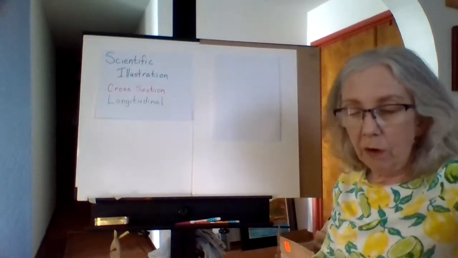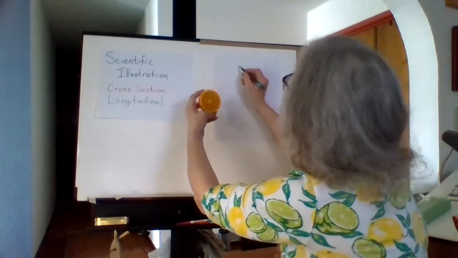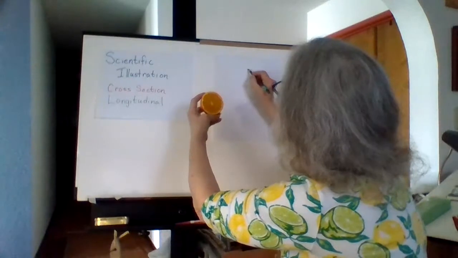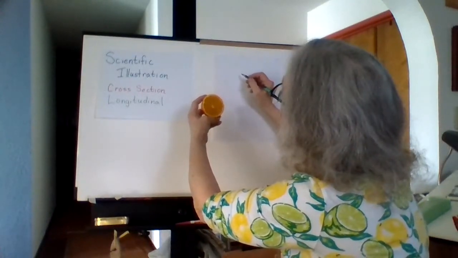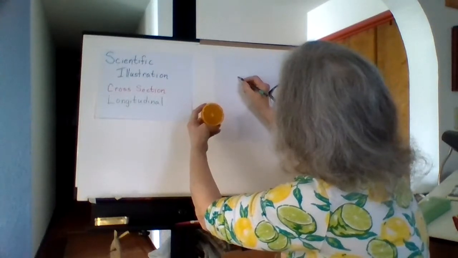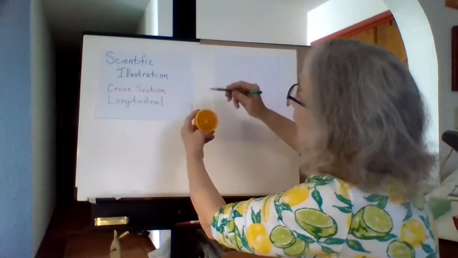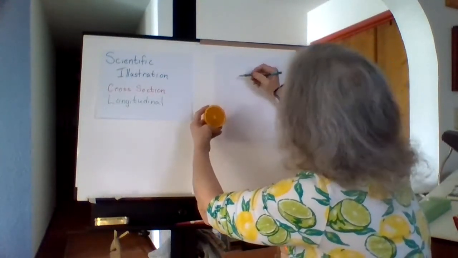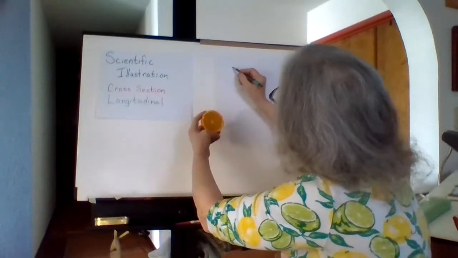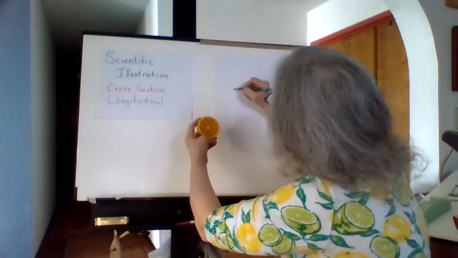So if I were doing a cross section of an orange, it would be best to be able to look at it. I would get the shape down, and then I'm going to put that center in, and I know that I've got 9 pieces coming out, but first I'm going to gently draw where the peel ends.